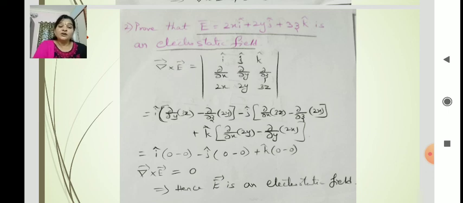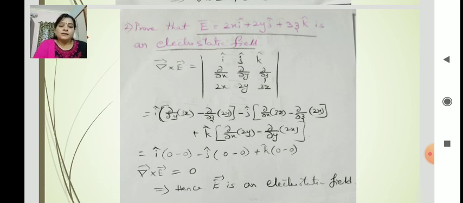If curl of that vector is 0, then we can say that this is an electrostatic field. So we are finding del cross E, and here also we have made the calculation. This you know pretty well. I have illustrated these examples to help you better understand the concept of the conservative nature of the electric field.